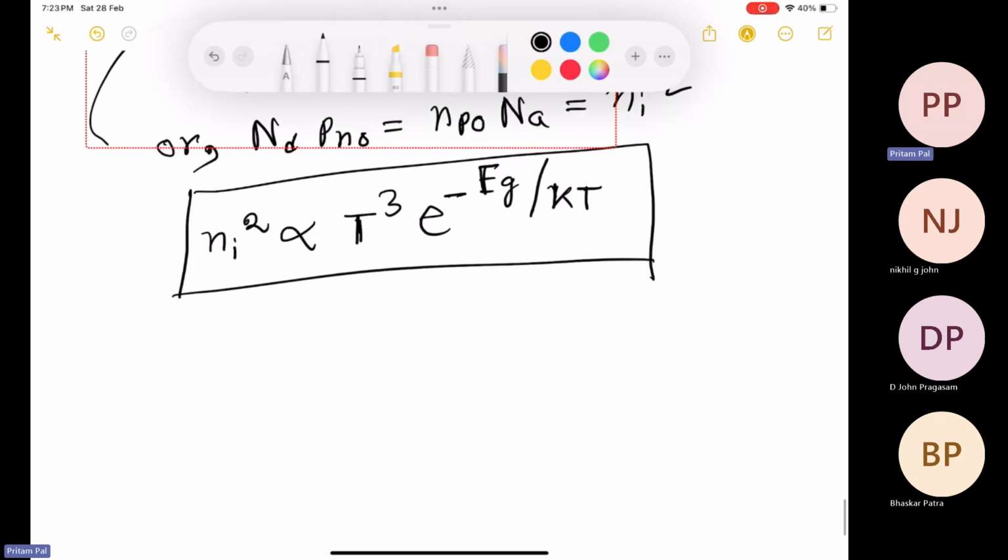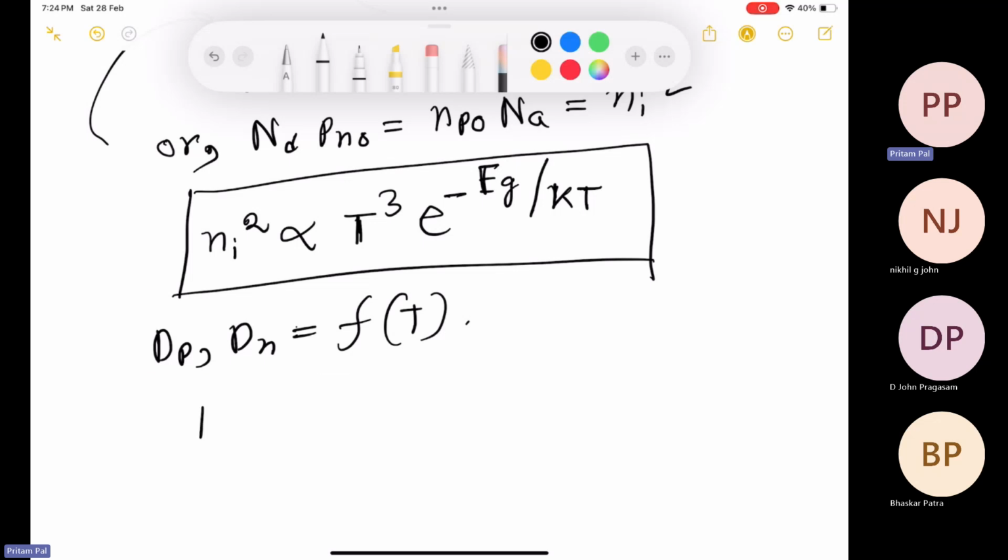The terms D_p and D_n are also functions of temperature. So we can write I naught equals some proportionality constant C naught, times T to the power alpha, e to the power minus Eg by kT. This is the dark current expression.